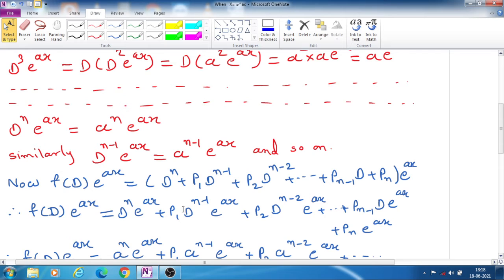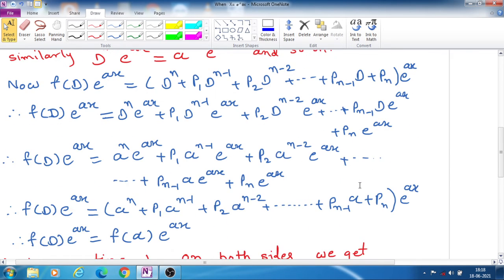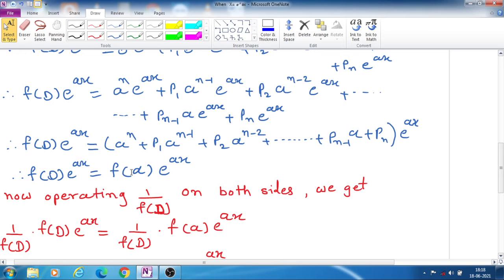Here is f(D): D raised to n plus p1 D raised to n minus 1 plus p2 D raised to n minus 2 and so on, pn minus 1 into D plus pn. Here only, instead of D, there is a. So we can say the value in this bracket is nothing but f(a). If we substitute D by a in f(D), we get this bracket.